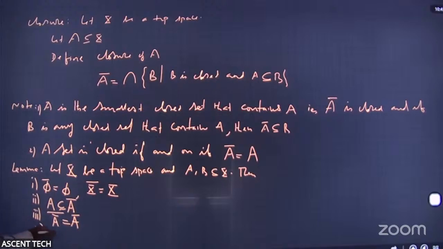And four, the closure of A union B is A bar union B bar. Why is that? Very simple. First three are obvious, so I'll just prove the last one. A bar and B bar are closed sets, so their union is a closed set, and that contains A and B. So there is a closed set that contains A union B. First, one side is obvious.